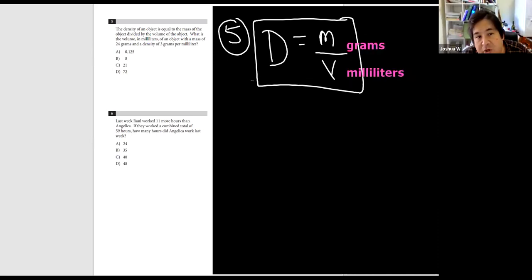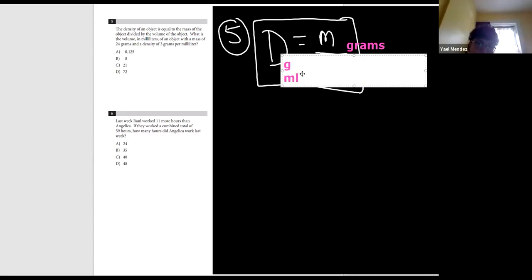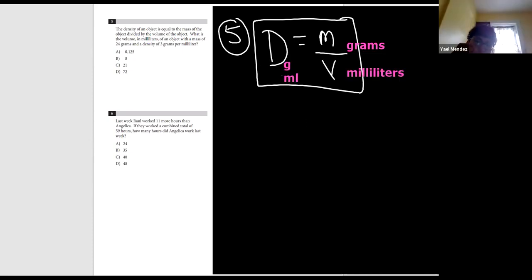So yeah, how would you solve question number 5? First, what I would do is put in the numbers. For example, I would put 24 for the M, since it's the mass, and the density I'd put as 3 grams. And then I would divide 24 by 3 to find the milliliters. No, wait.